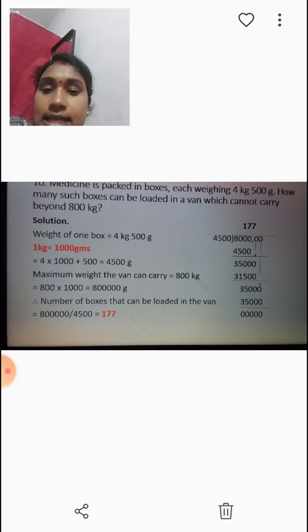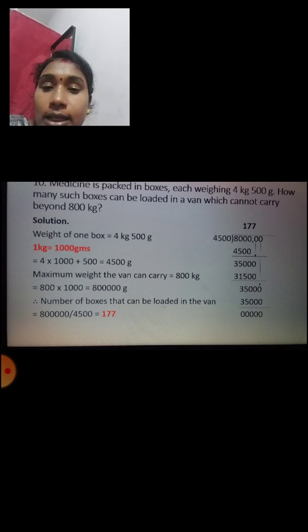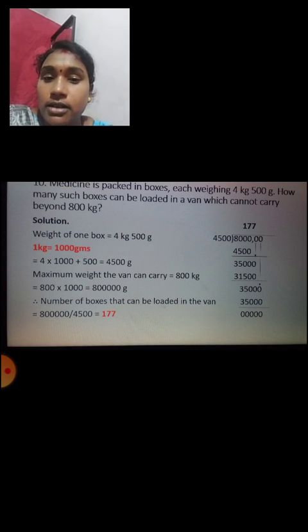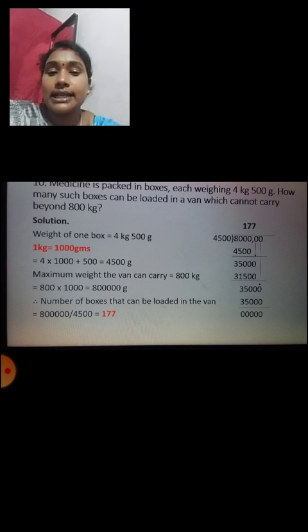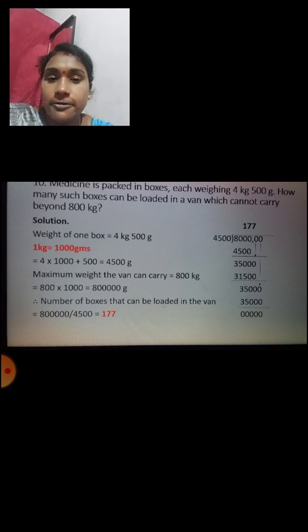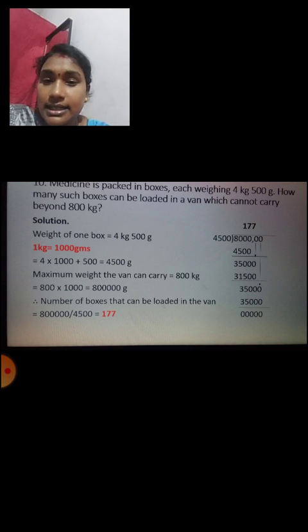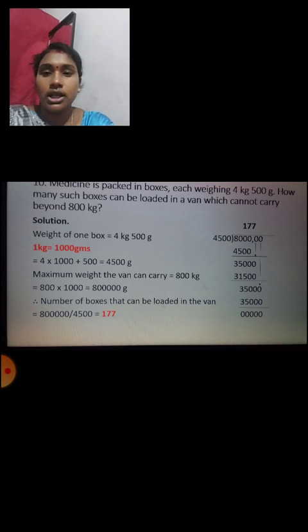How many such boxes can be loaded in a van which cannot carry beyond 800 kgs? So if the total amount that can be loaded in a van is 800 kg, how many boxes can be loaded? This is what the question is.